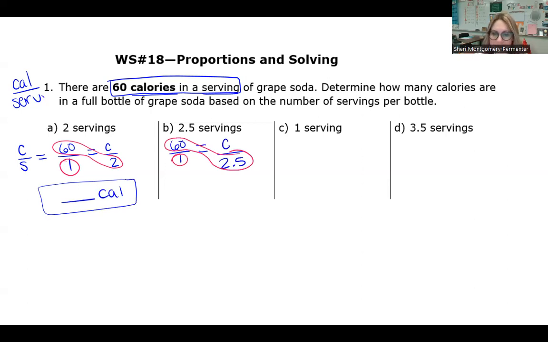So for this one, you're multiplying 60 times 2.5. So we have 60 times 2.5, and we get 150 calories.